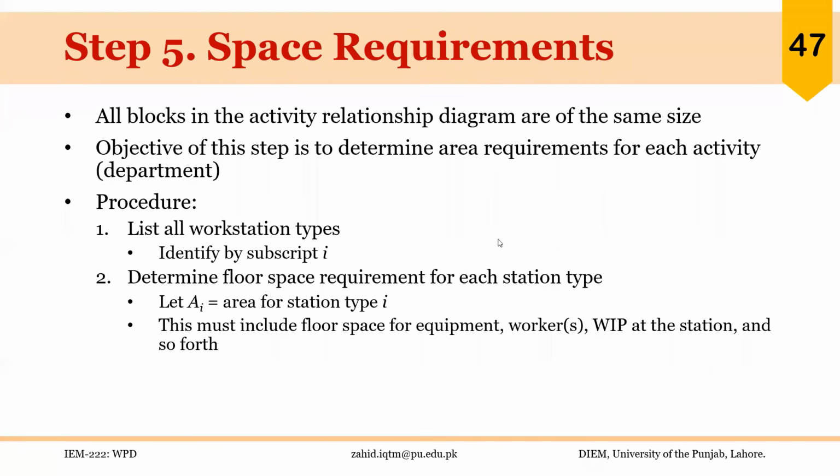There are certain simple steps to follow. The first one is to list all workstation types. How many workstation types will be there? For example, there could be 4 types of machines: certain lathe machines in our department, milling machines, grinding machines, for example, and shaper, or there could be some other workstation.